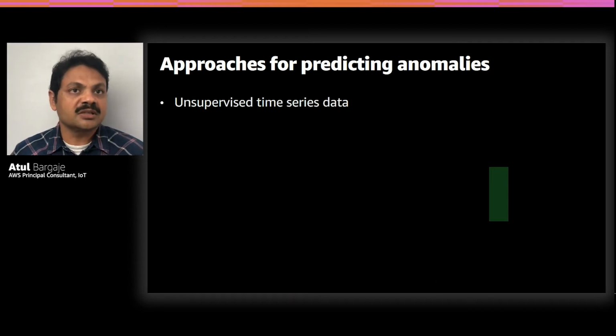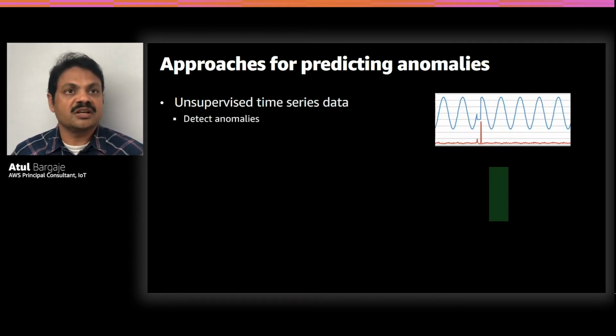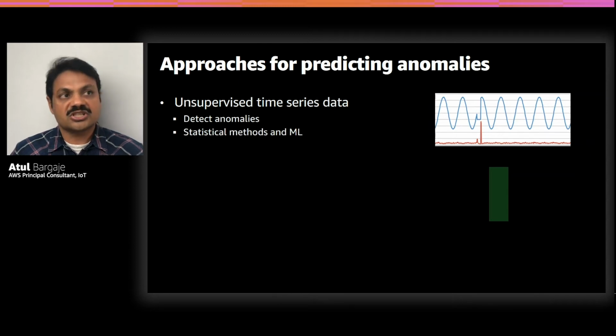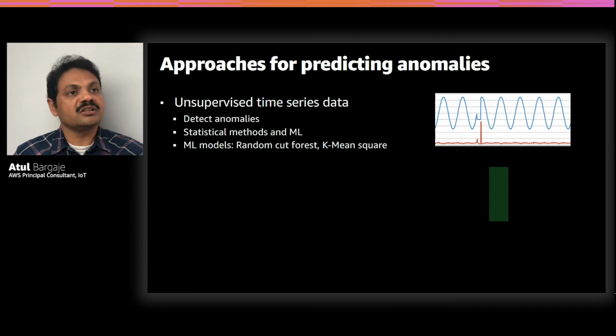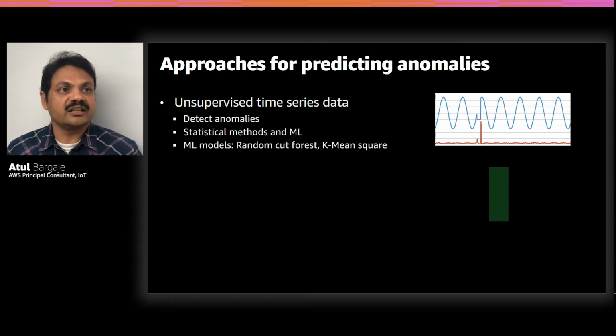Detecting anomalies could look something like this, where you have a blue waveform generating your sensor readings, and the anomaly readings are shown on the red waveform. The anomaly detection can be done using statistical methods or machine learning. Some of the common machine learning techniques are random cut forest and k-means.